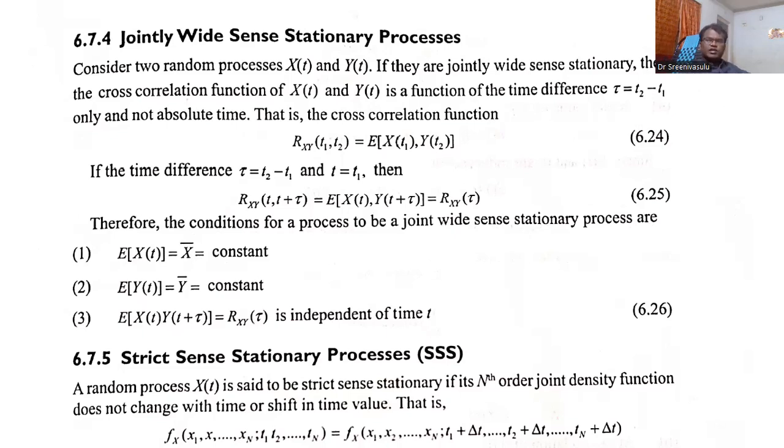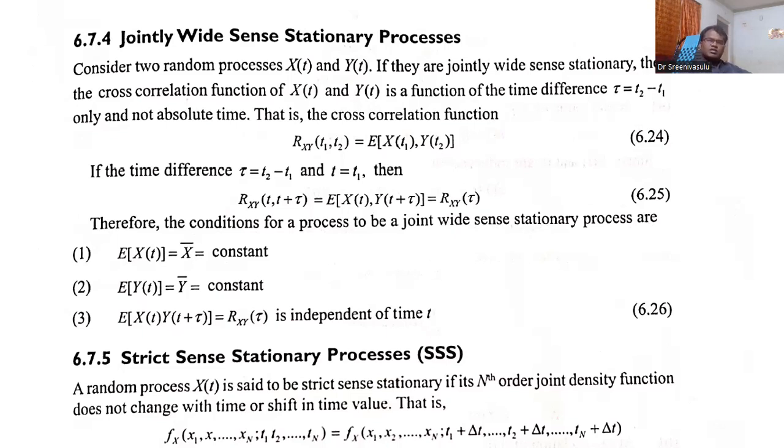If we calculate the mean value of the random process and it is a constant, and if we find out the autocorrelation of the random process and it is independent of time, whenever the random process satisfies these two properties, we can say that it is wide sense stationary.